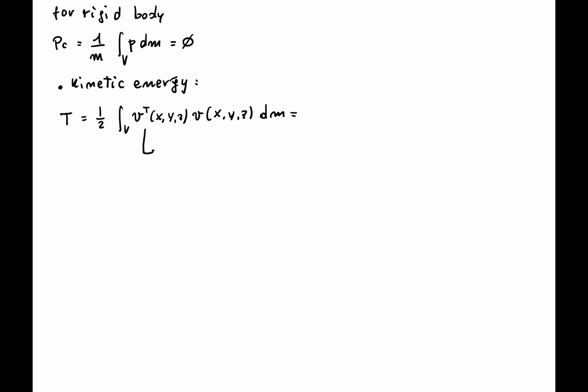So we can write V equal to Vc plus omega cross p, where p is the position of dm with respect to the COM.